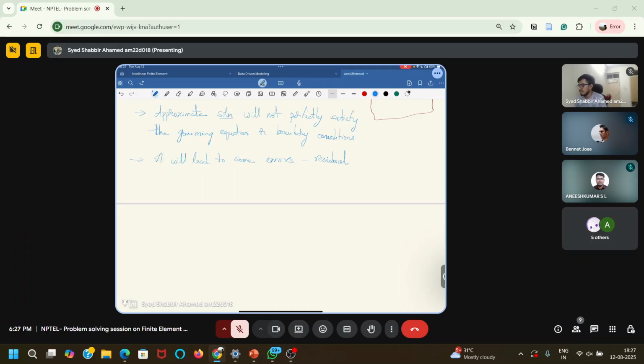Okay, so there can be two kinds of residuals. Because the governing equation is not being satisfied perfectly. This is the governing equation, right? d/dx of EA times du/dx.